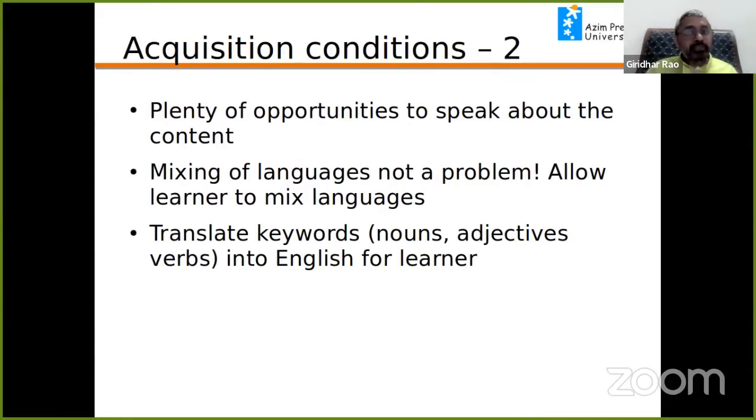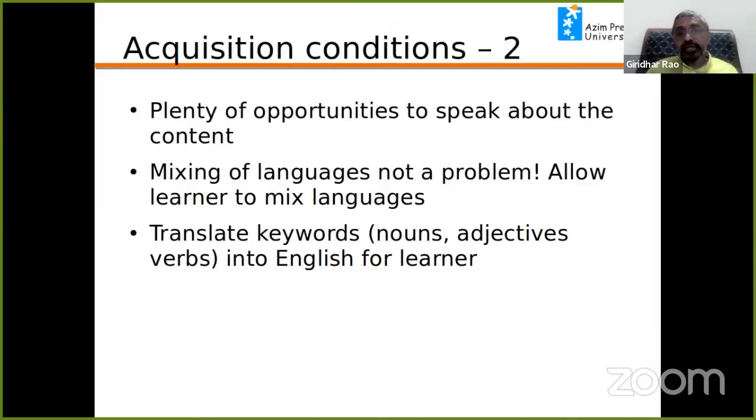In this process, one more condition in India is an important one, namely that mixing of languages should be allowed, should not be prohibited at all. It looks as though children speak most naturally, first of all, in their own home language environment, but even in mixed language environments, they open up a great deal more than if they are told, don't speak or speak only in English.